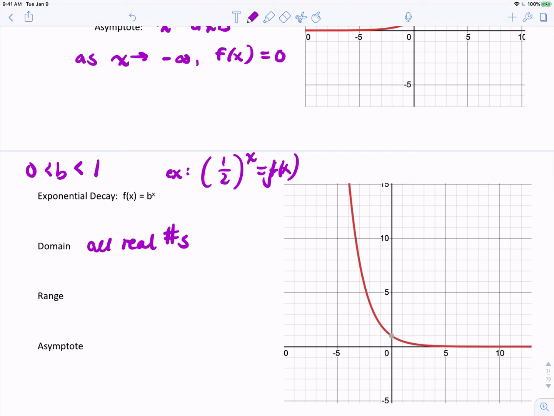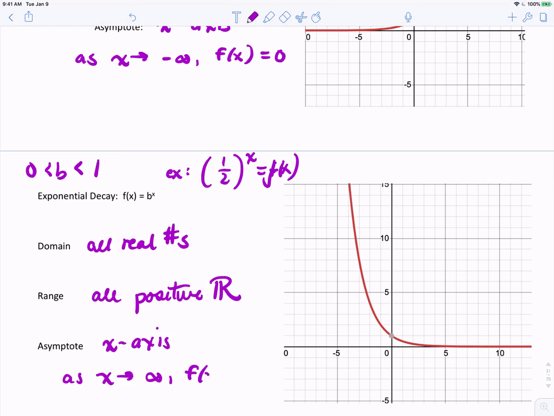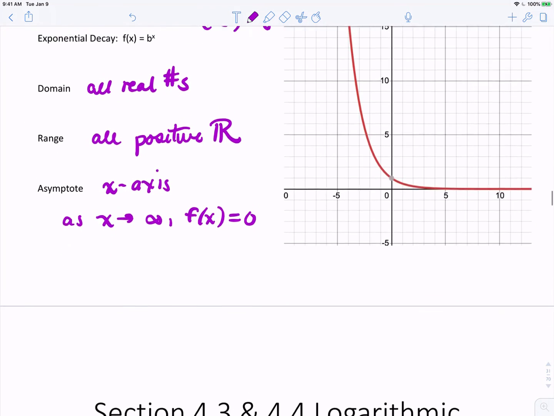The range is the same as for exponential growth: all positive real numbers. And similarly, our asymptote is the x-axis, because as x approaches positive infinity, the function values will approach 0, or in other words, the x-axis.